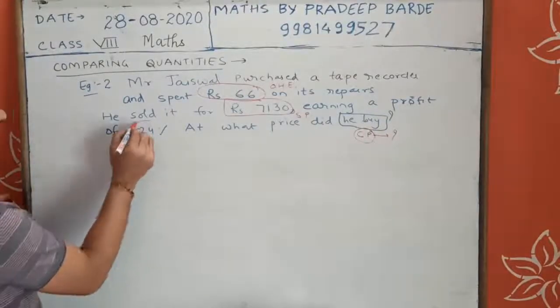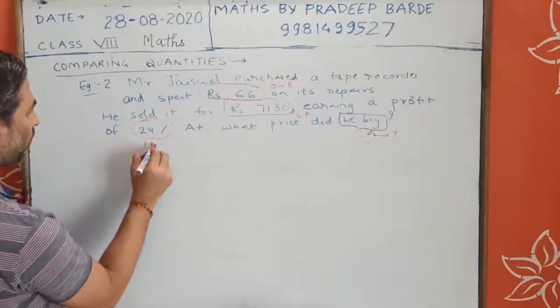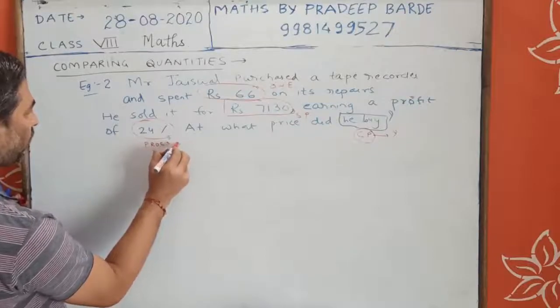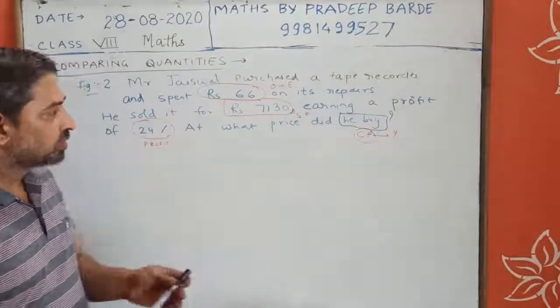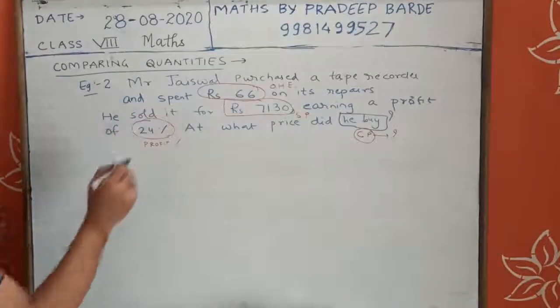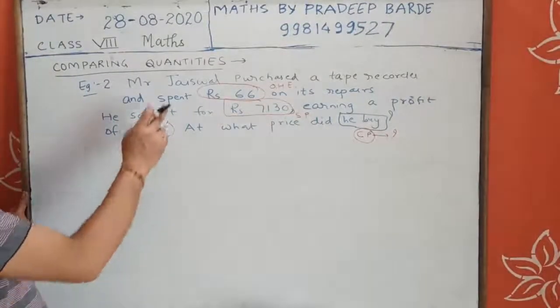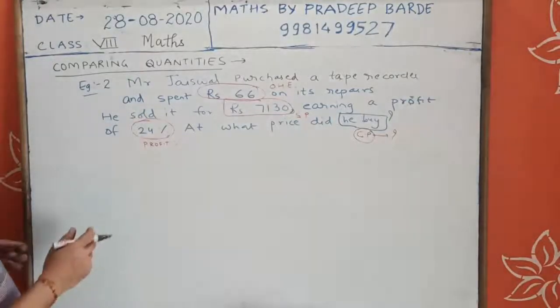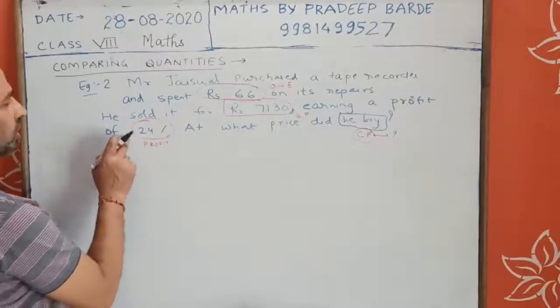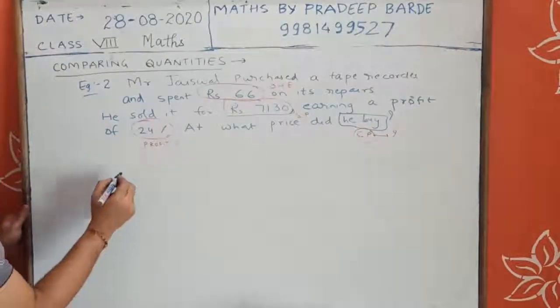And this is the profit percent. Okay? So now selling price is already known to you. Overhead expenses are also given. Cost price is not known, but profit percent is given.